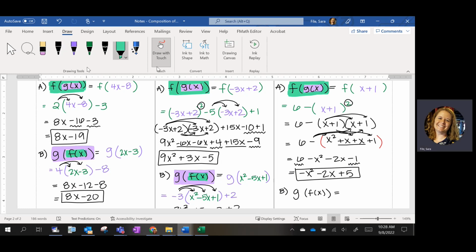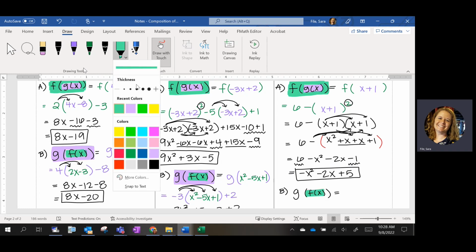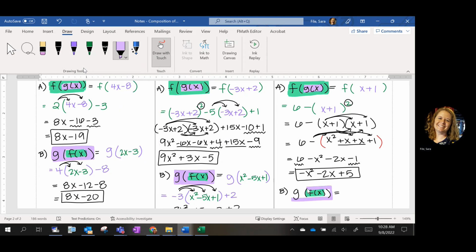Okay, so now we are going to reverse that and have f be the input function and g be the outer function of the composite. So when I do this, I've got g of, and then this time the input is going to be the 6 minus x squared.